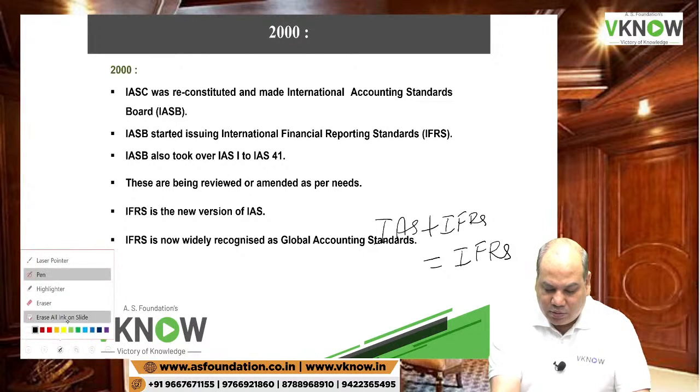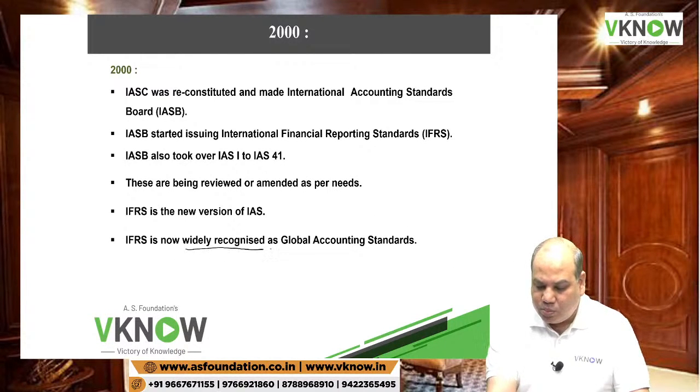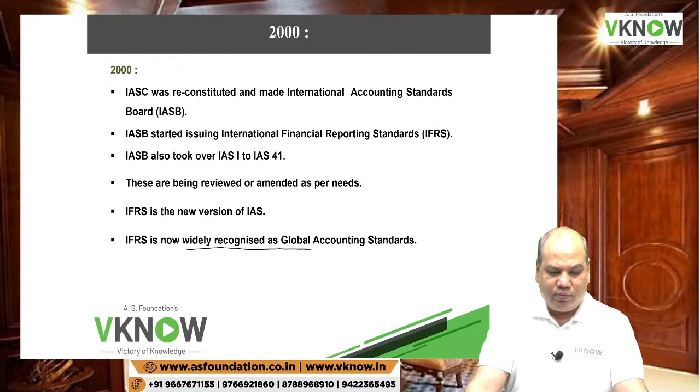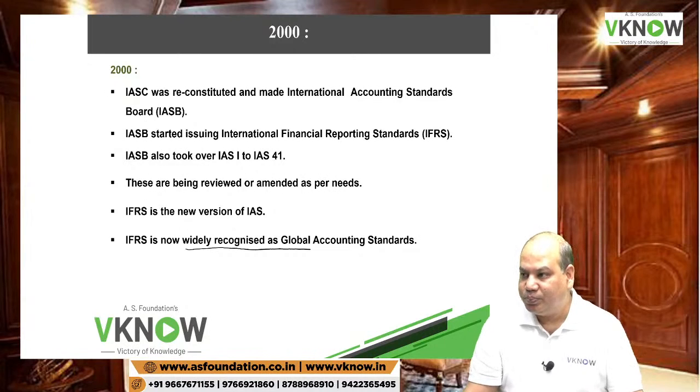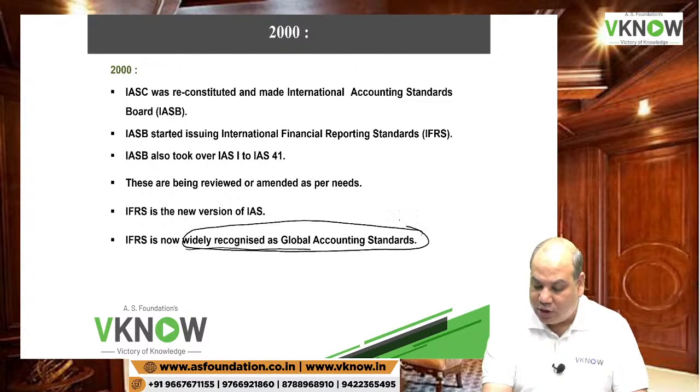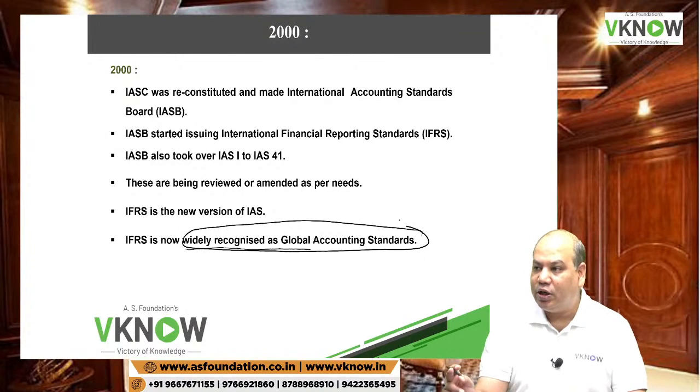IFRS is now the world's most recognized global accounting standard. Most recognized. Sir, why? More than 130 to 140 countries have now either adopted IFRS or have converged to IFRS.